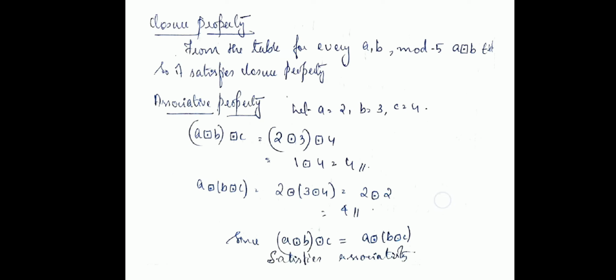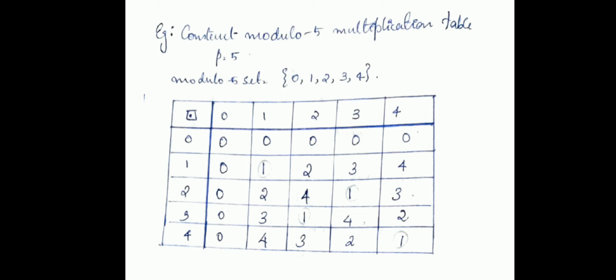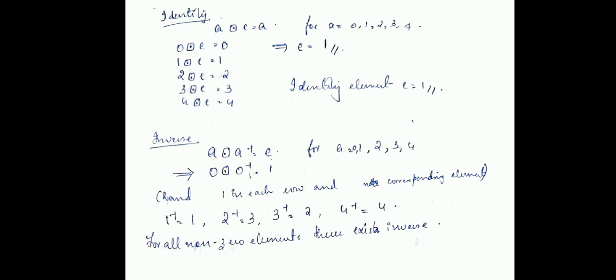To find this easily, you can circle all the ones in the table. So you can easily find the inverses: 1 inverse is 1 itself, 2 inverse is 3, 3 inverse is 2, and 4 inverse is 4. So for non-zero elements only there exists an inverse; for the 0 element there is no inverse.